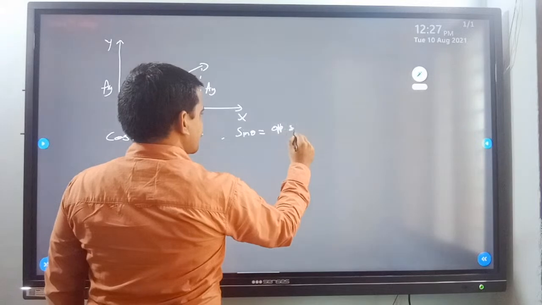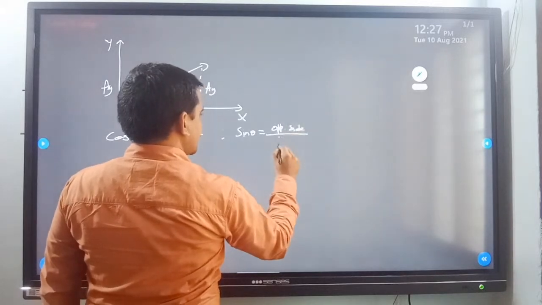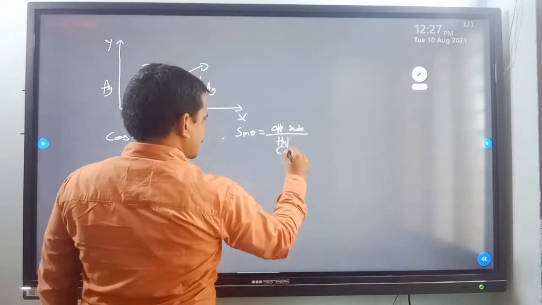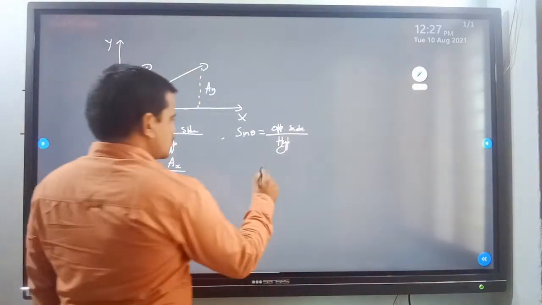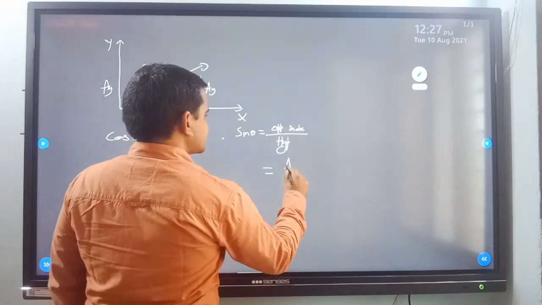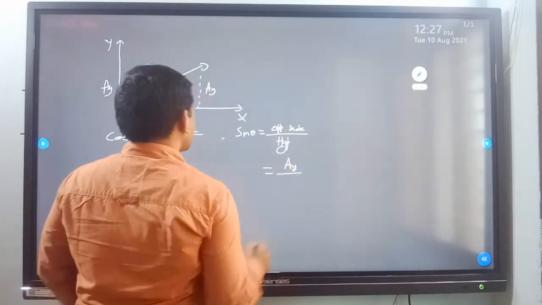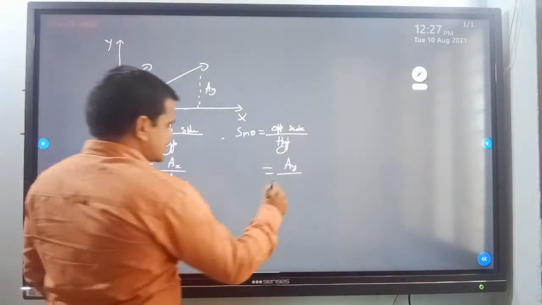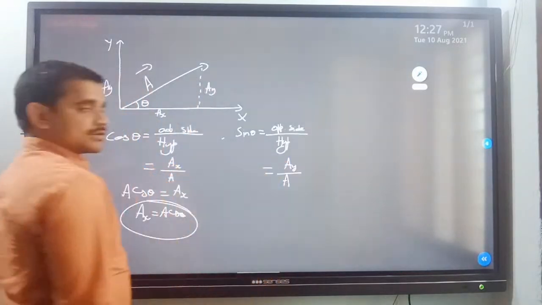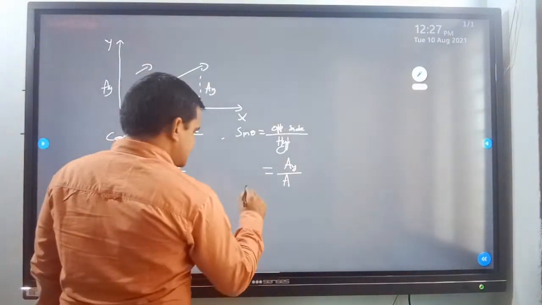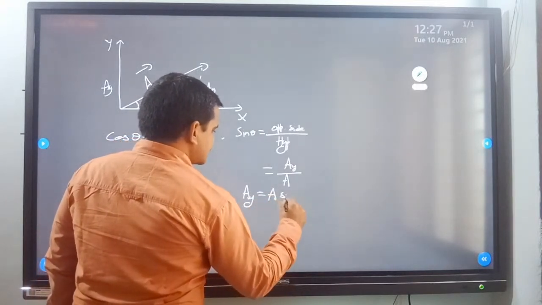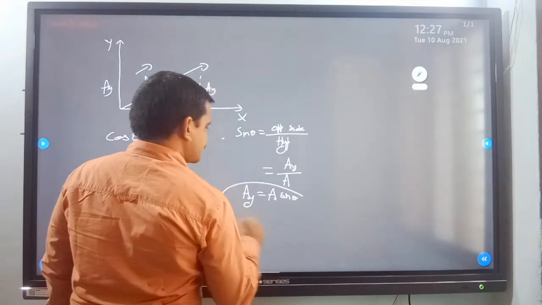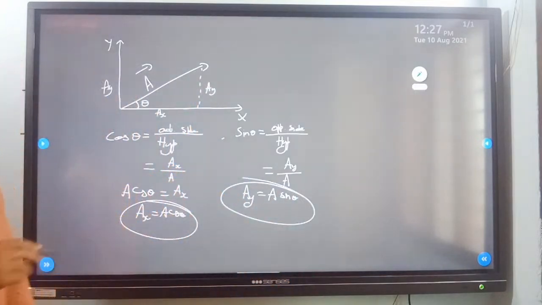AY. What is the hypotenuse here? A. So AY is equal to how much can you tell me here? AY is equal to A sin theta. Got it here?